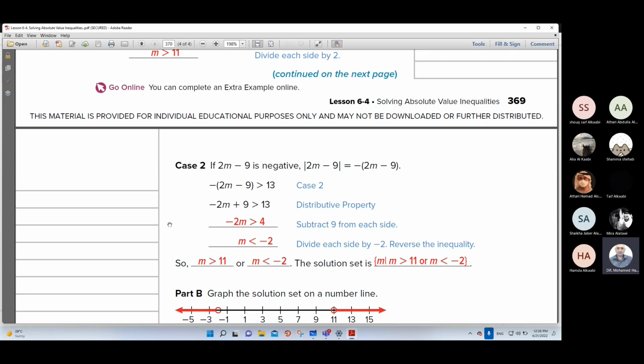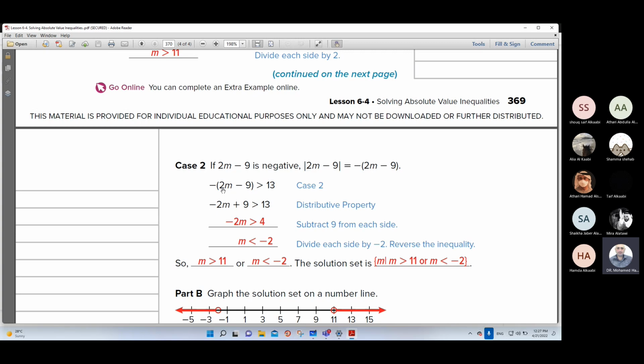The second case, if the value inside the absolute value is negative, means the absolute value of 2m minus 9 will be negative times, between parentheses, 2m minus 9. So the inequality will be now minus, between parentheses, 2m minus 9 greater than 13.